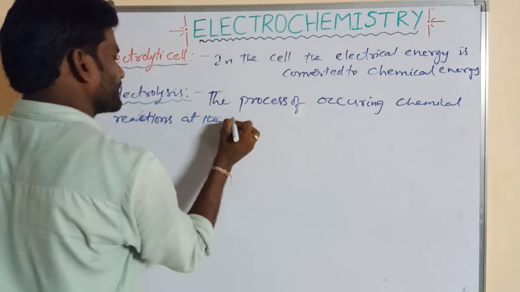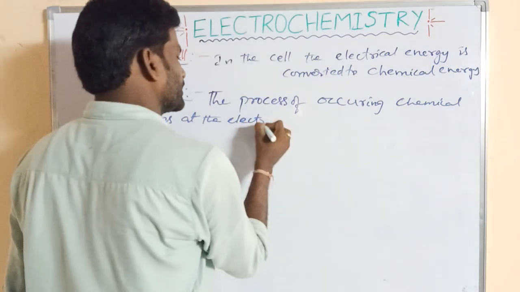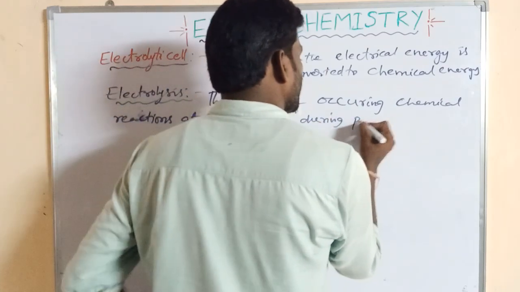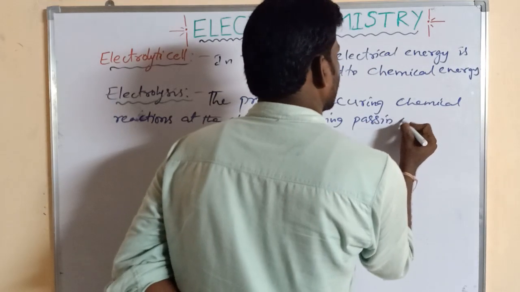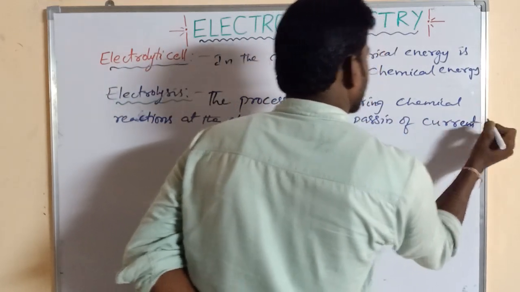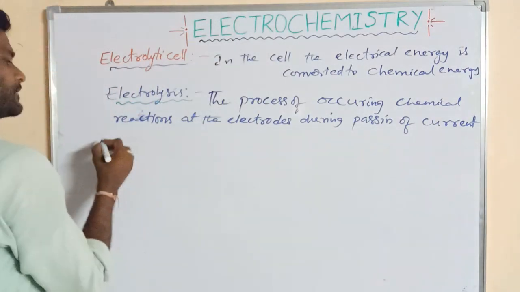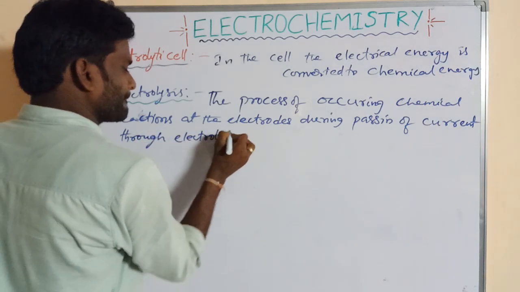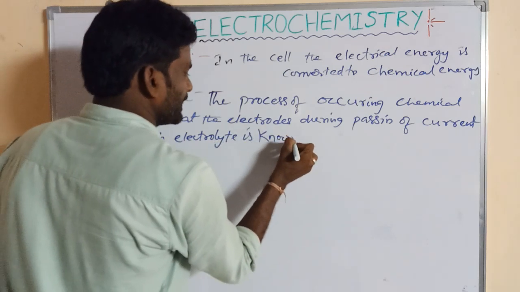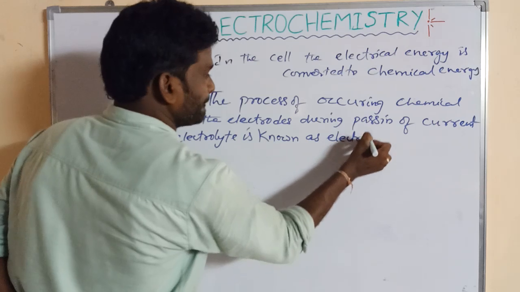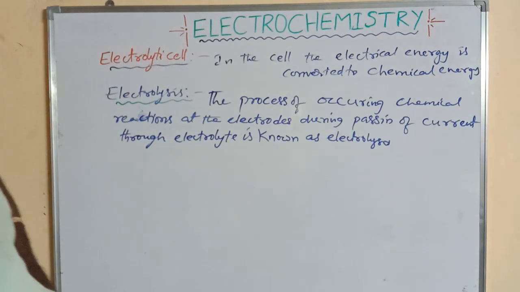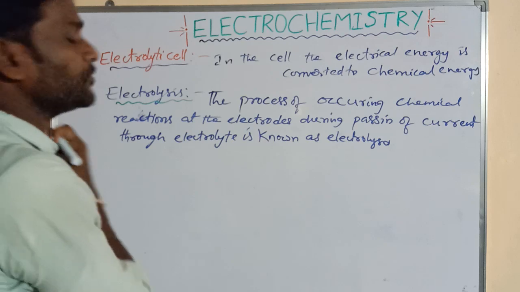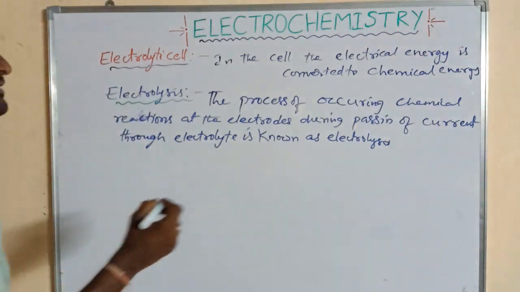The process of occurring chemical reactions at the electrodes during passing of current through electrolyte is known as electrolysis.